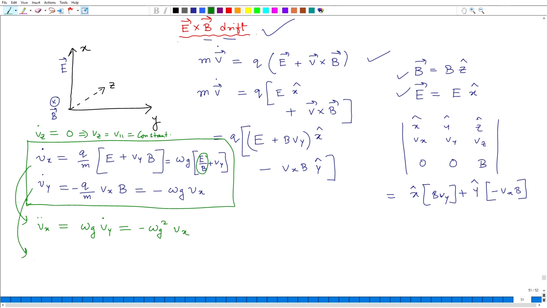For v y I will have v y double dot equal to minus omega g v x dot, and v x dot is nothing but omega g times (E by B plus v y), so minus omega g square times (E by B plus v y).